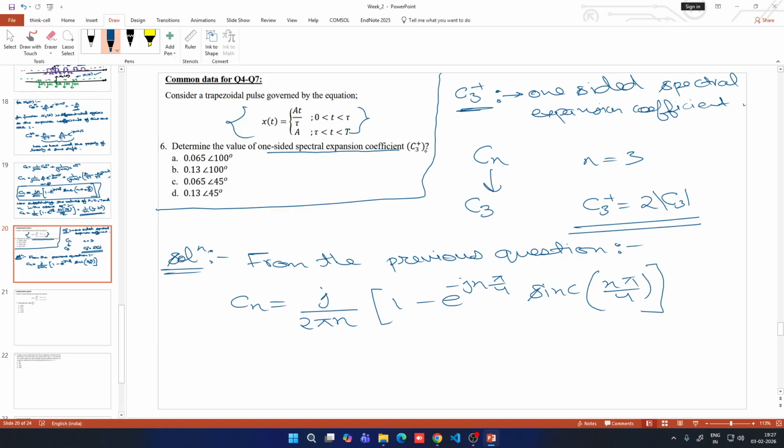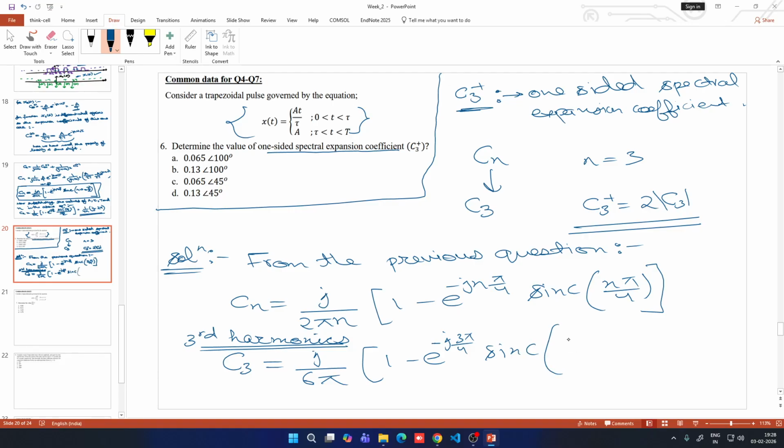Since we have to find C3 plus, the one-sided spectral expansion coefficient for the third harmonic, we first have to find C3. For the third harmonic we just replace n with 3: j by 6 pi into 1 minus e to the power minus j 3 pi by 4, times sin 3 pi by 4.